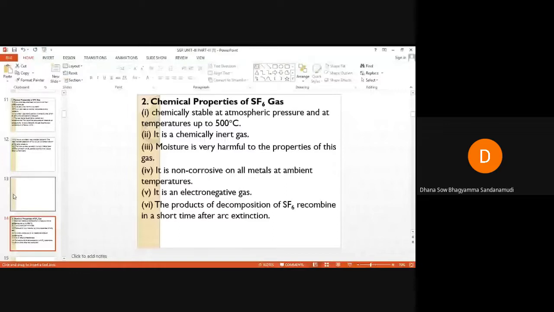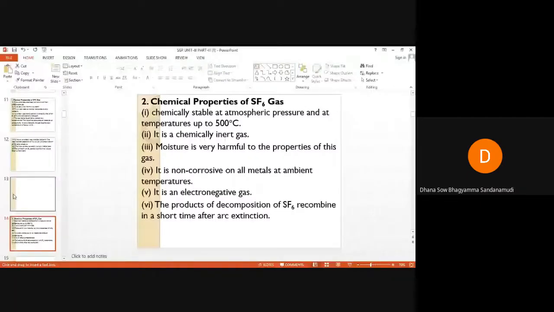While extinguishing the arc, SF6 will decompose to some extent into SF4, SF2, S2, F2, S, and F, at a temperature of around 1000 degrees Celsius.